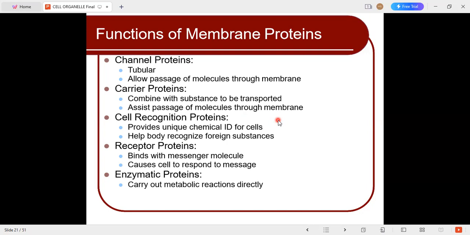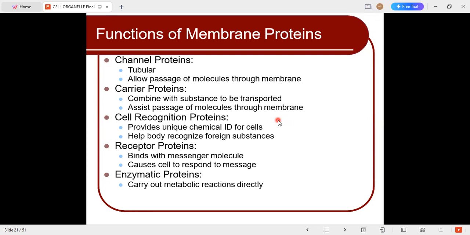They function in cell recognition. They provide unique chemical identification for the cells, or a specific ID for the chemicals which have to be transported within the cells, released out, or which need to enter the cell.